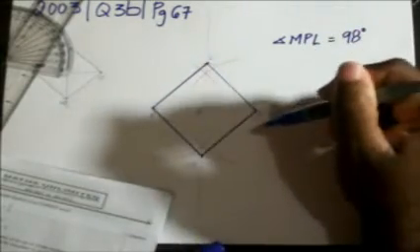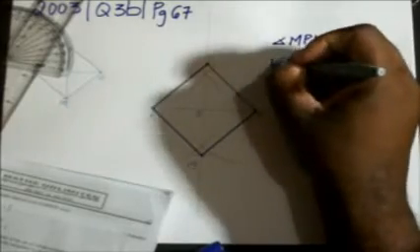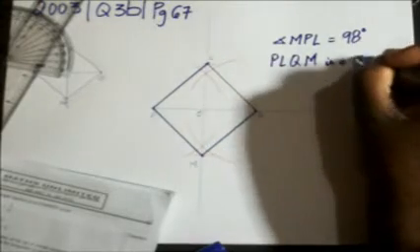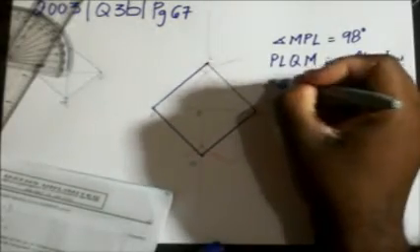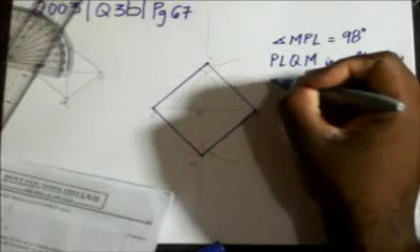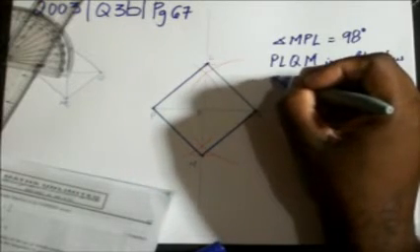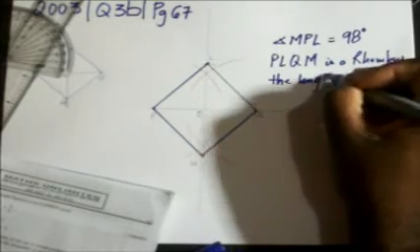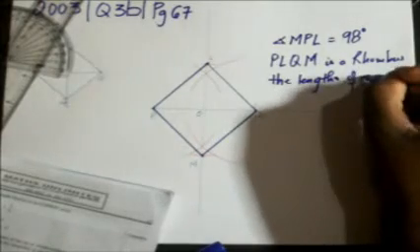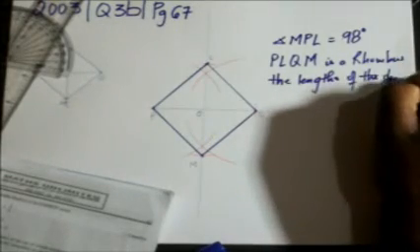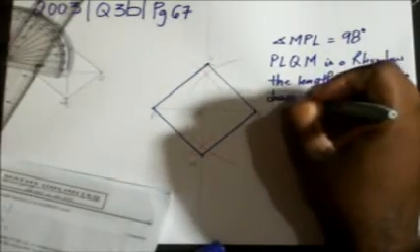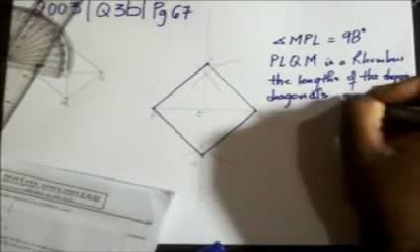So PLQM is a rhombus. And the reasons are: one, the lengths of the diagonals are different.